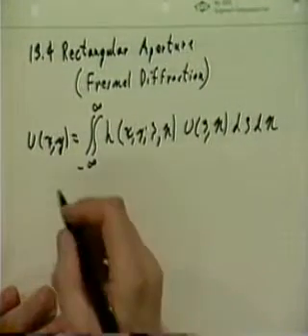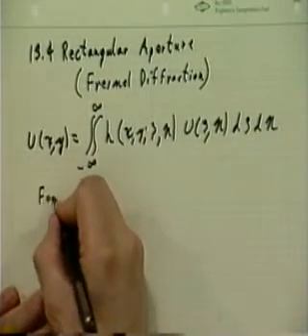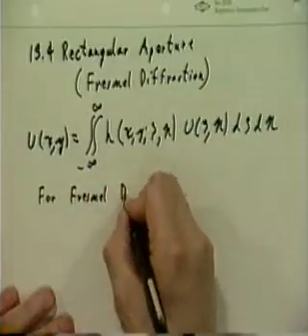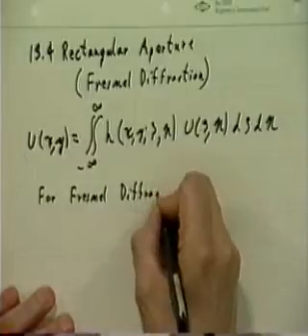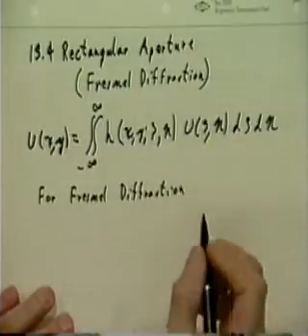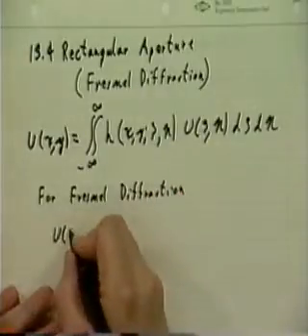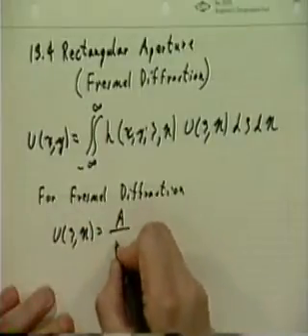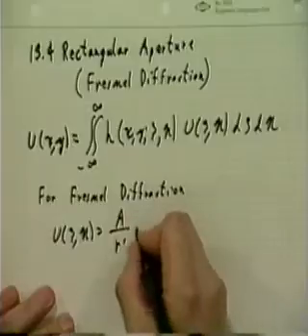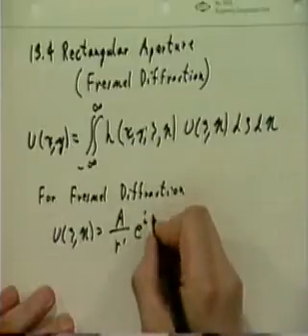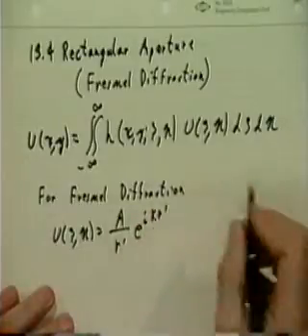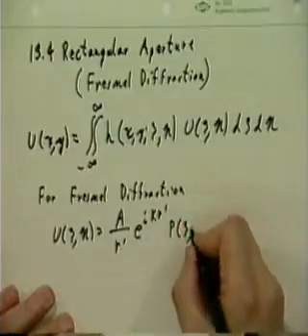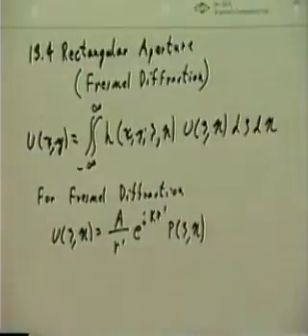And since now we're talking about Fresnel diffraction, we'll write here that u is a over r prime, just a spherical wave, e to the i k r prime times whatever the aperture function, p, is.